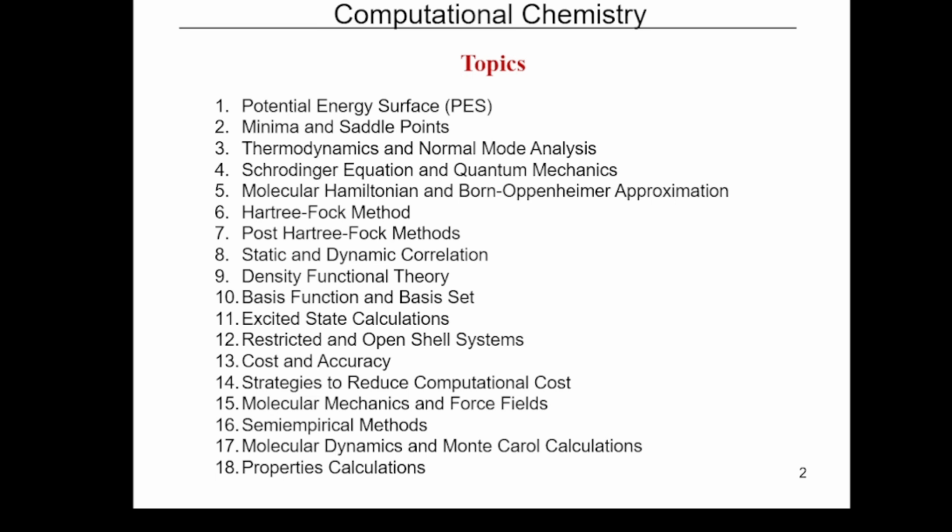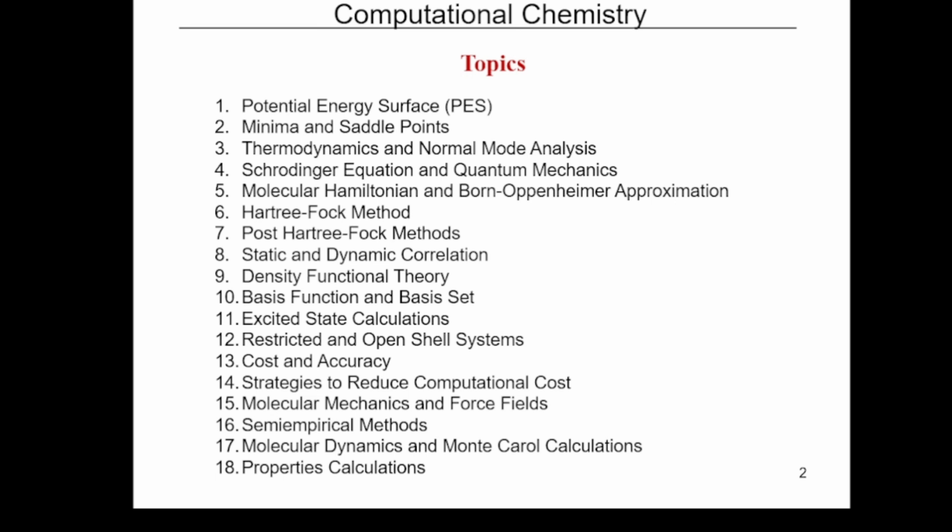Then we'll move on to density functional theory, followed by basis function and basis set. Then we will talk about excited state calculations. We will also talk about restricted and open shell system. Then I will give you an overview of cost and accuracy. The cost here means computational cost, the time taken here.